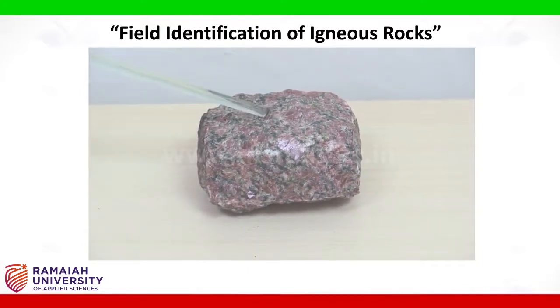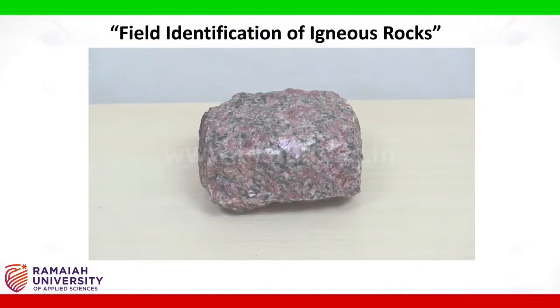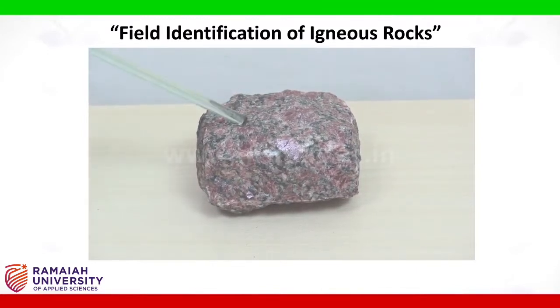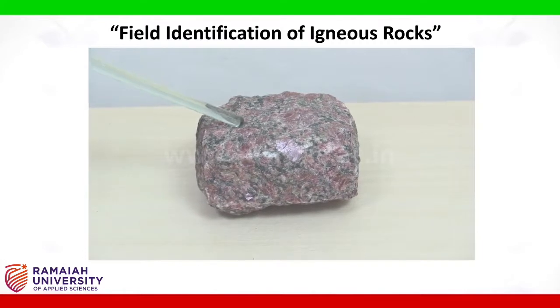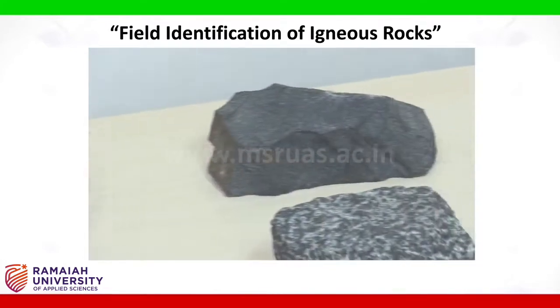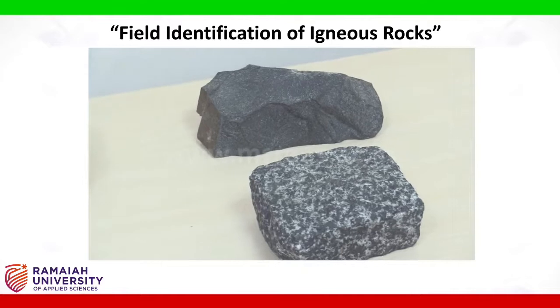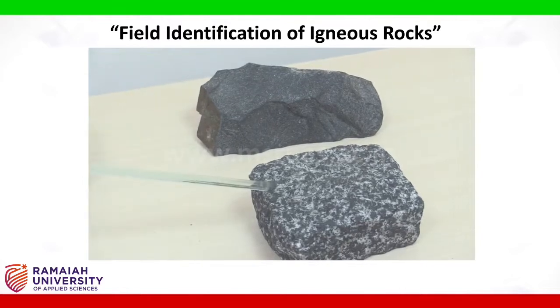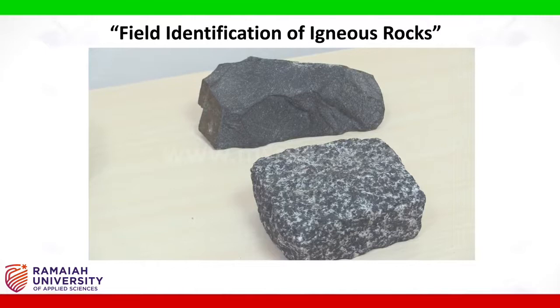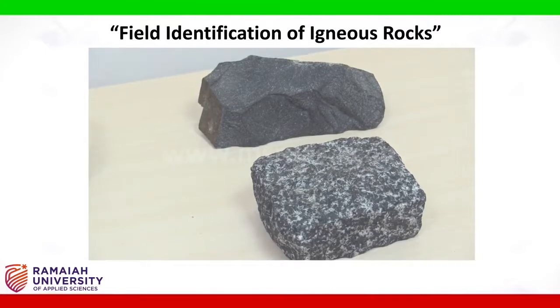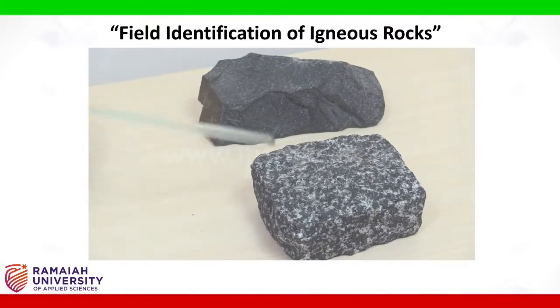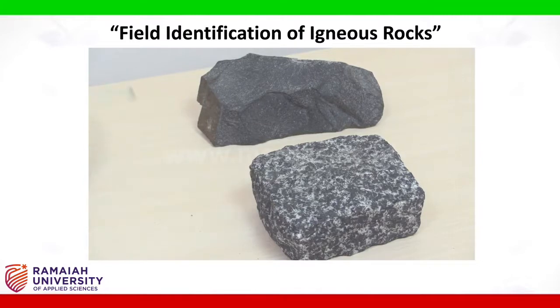There will be a drastic reduction in the silica content and a slight increase in the darker minerals. The third category of rocks is the basic rocks. Basic rocks are slightly darker in color, with SiO2 content varying between 45 to 55%. There will be an increase in the dark colored iron and magnesium minerals.